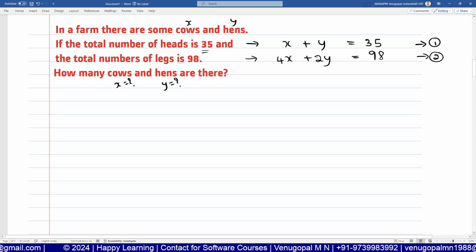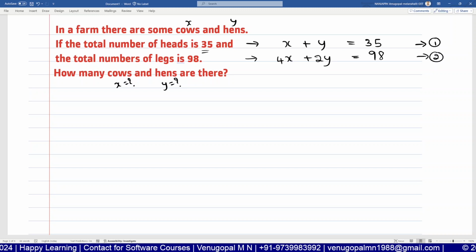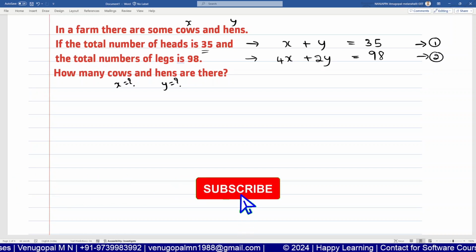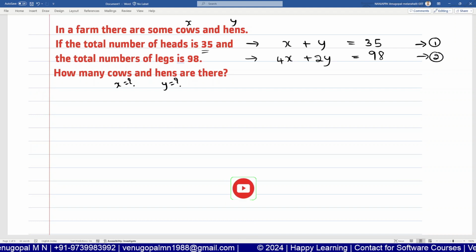We already got equation 1 and 2. Now using the method of elimination, we will have to make one of the coefficients have the same value in both the equations, so that either we can add these two equations or subtract these two equations, so that it is very easy for anybody to eliminate that.